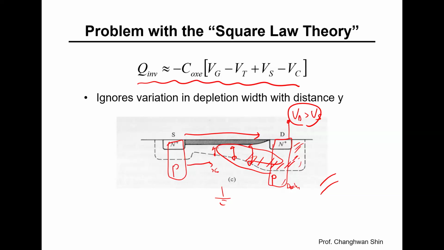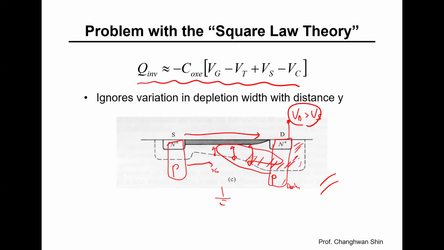In the next slide, we're going to introduce a modified model that can address this limit by accounting for the bulk charge effect, giving us more accurate predictions of device behavior. Just as modern navigation systems improve on simple maps, these enhanced models allow for more precise circuit design and analysis.